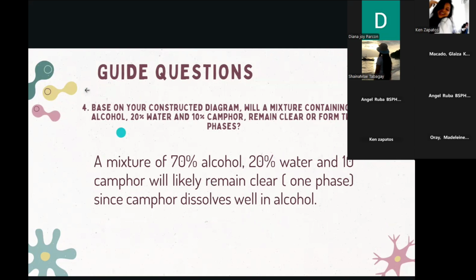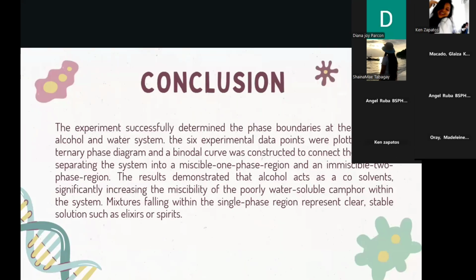For the conclusion, the experiment successfully determined the phase boundaries of the camphor, alcohol, and water system. The 6 experimental data points were plotted on the ternary phase diagram, and a binodal curve was constructed to connect these points, separating the system into a miscible one-phase region and an immiscible two-phase region.